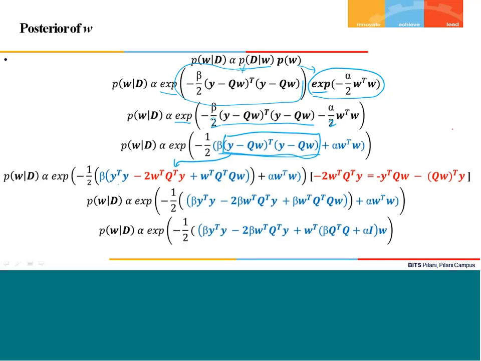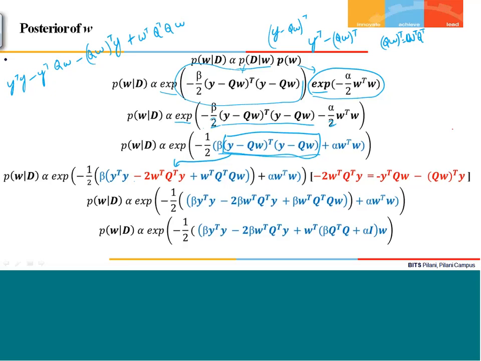Just as an example, I introduced this step to help you understand that when you multiply y minus Q W transpose with y minus Q W, you get this expression: y transpose y minus y transpose Q W minus Q W transpose y plus W transpose Q transpose Q W. Because you can write this y minus Q W transpose as y transpose minus Q W transpose, and this Q W transpose you can write as W transpose into Q transpose, right? So you can write this expression like this.